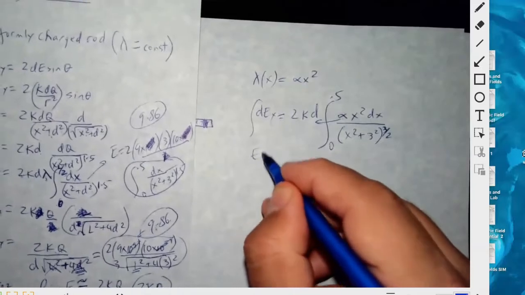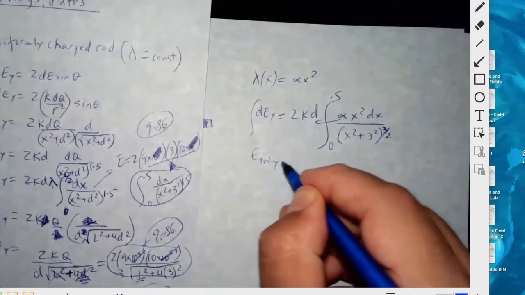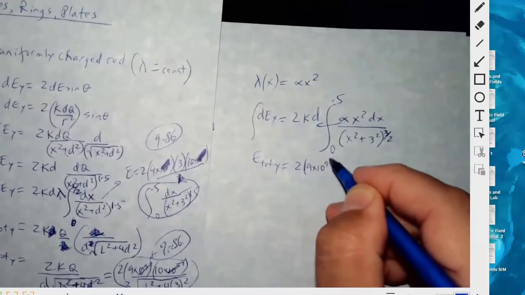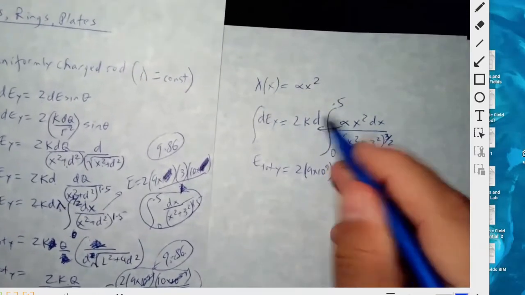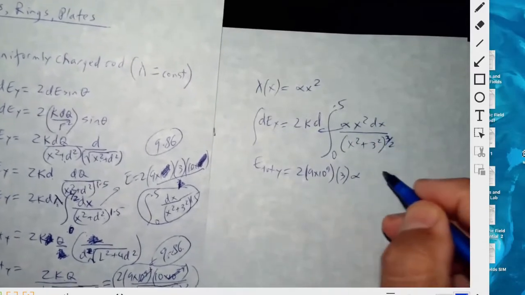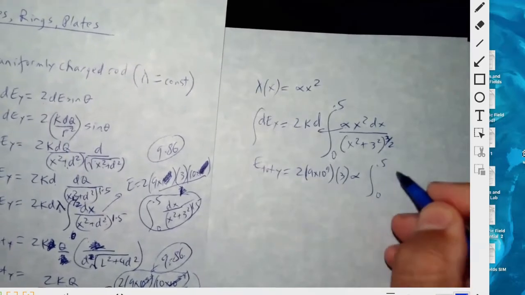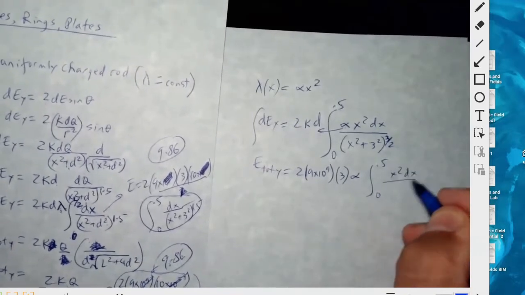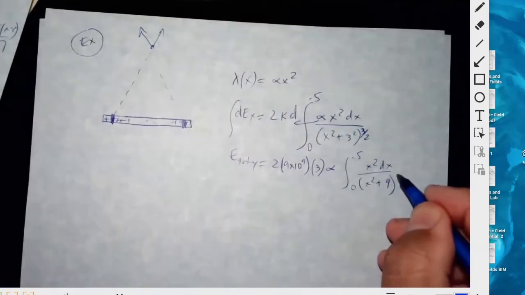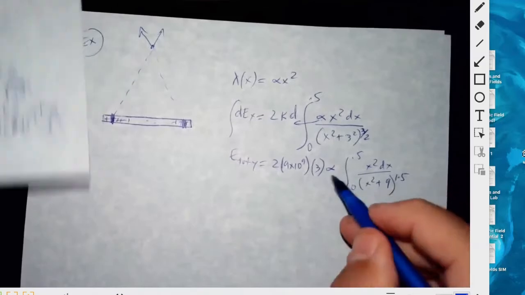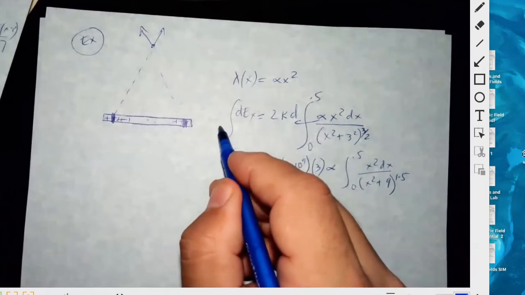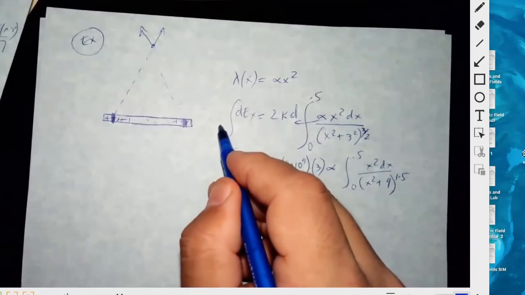And then now you have E total Y is going to be 2 times 9 times 10 to the 9th. And then D is going to be 3 meters. And then alpha comes out. And then whatever that integral gives me, x squared plus 9 to the 1.5 power. And then here, I can use the alpha that I got when I was doing the side of the rod, right?